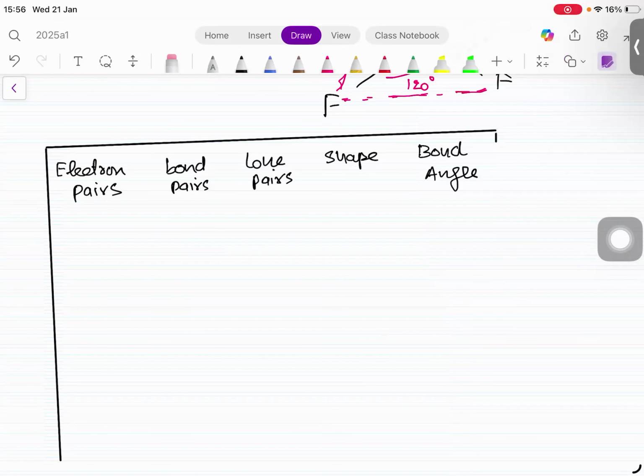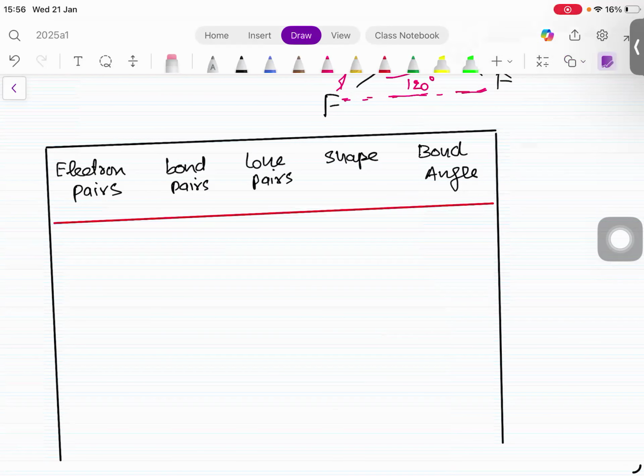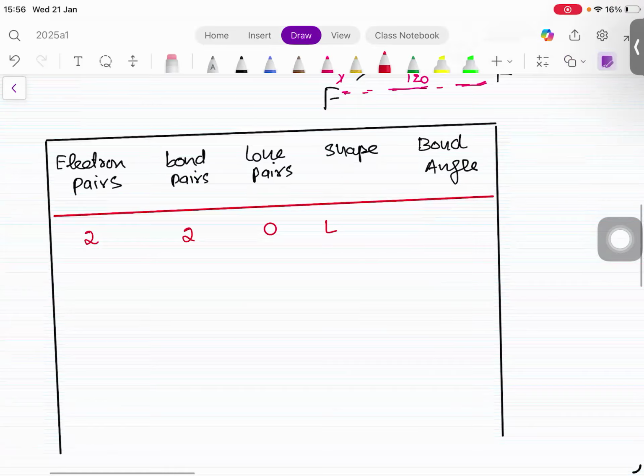Look at this. For example, in this particular case, we said there were two electron pairs around the central atom. Both of them were bond pairs, zero lone pairs. The shape was linear. And what's the bond angle between the two bonds? 180.